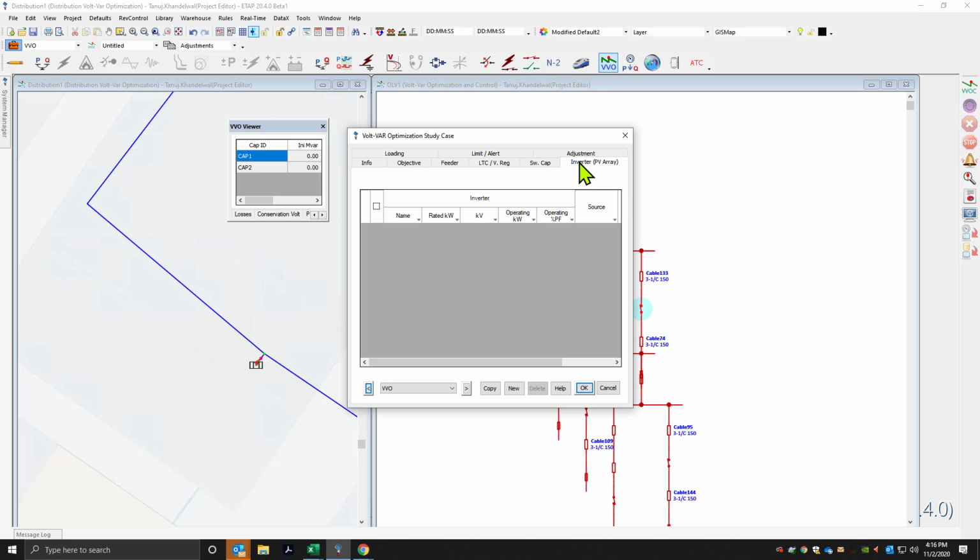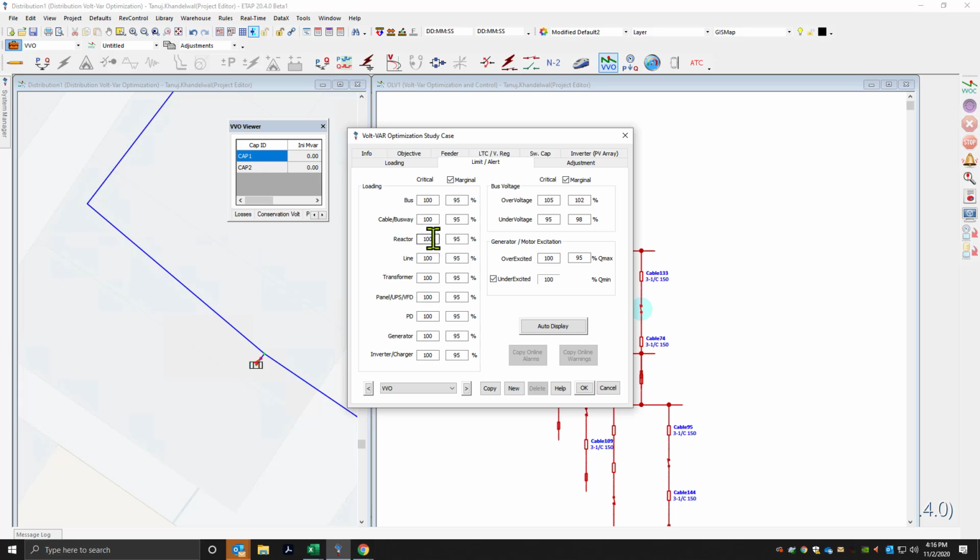And you can also include inverters or PV arrays as part of the dispatch. These are the passive or even the active or smart inverters that can be included as part of the calculation. Our loading can include multiple sets of loading to do the what-if analysis, as well as alerting for voltage as well as thermal limits for various types of components.